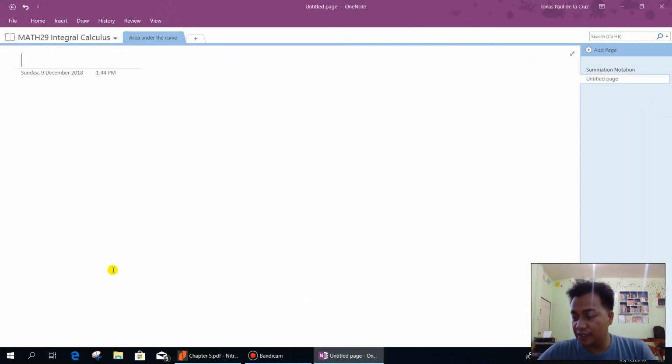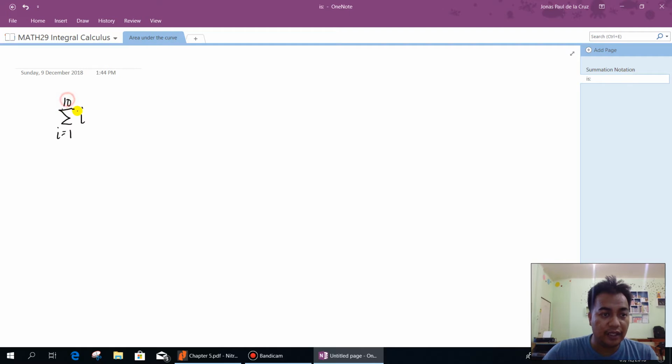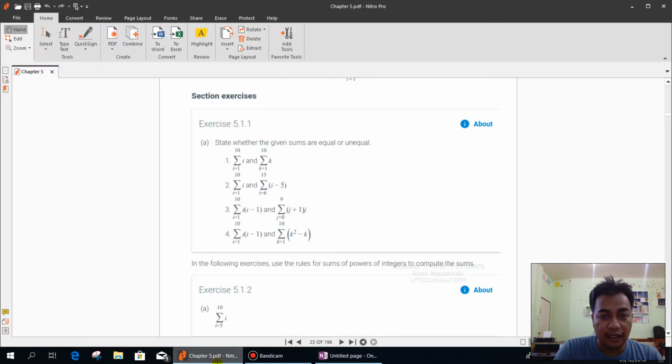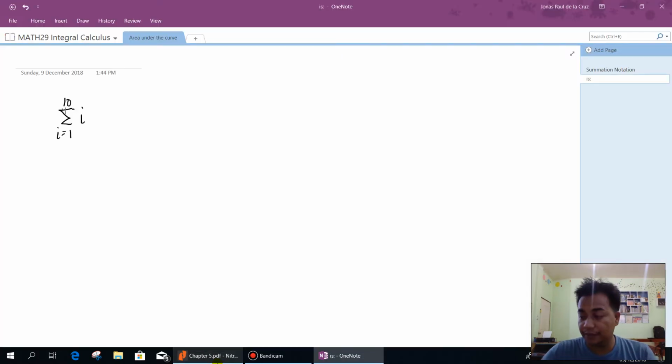The first one is summation of I is equal to 1 to 10. And the other one is K from 1 to 10. Summation of K is from 1 to 10.